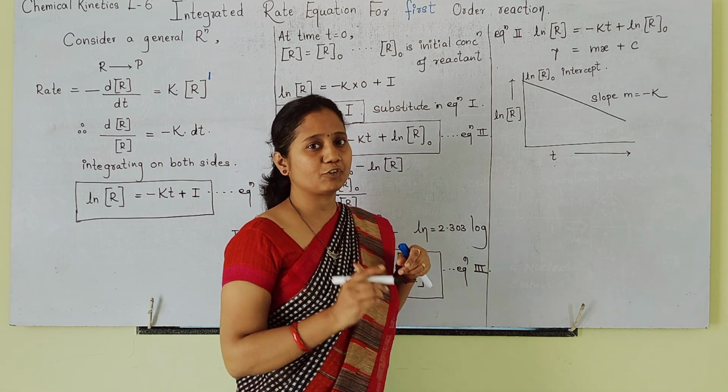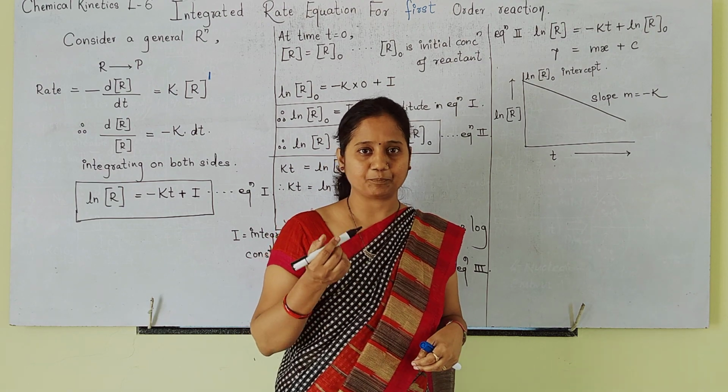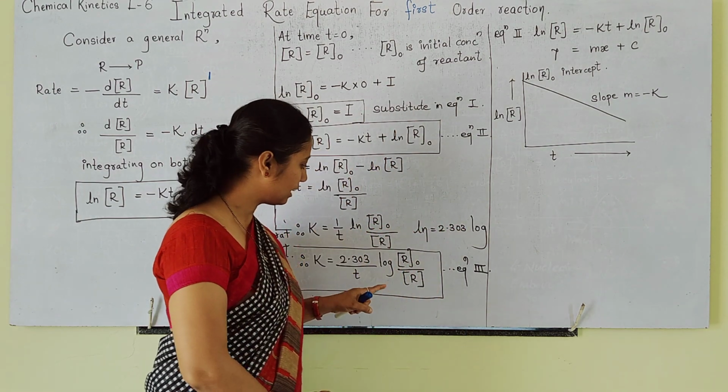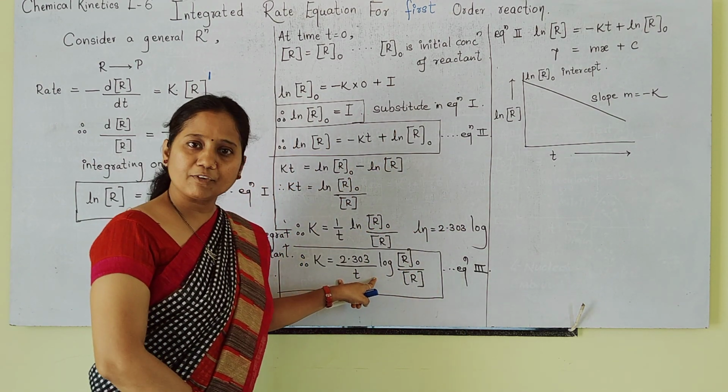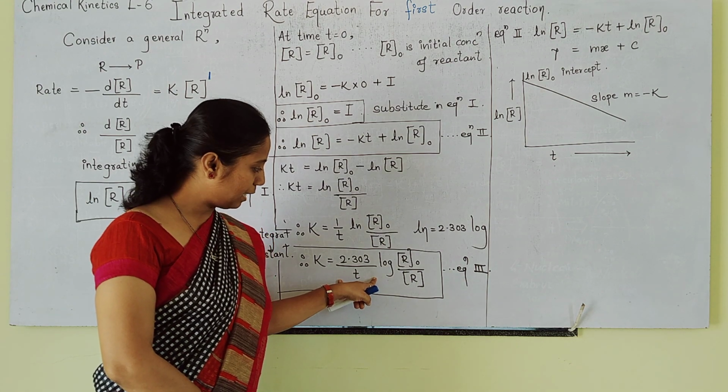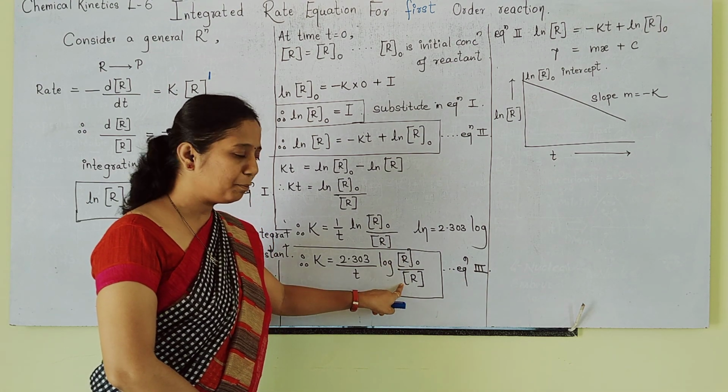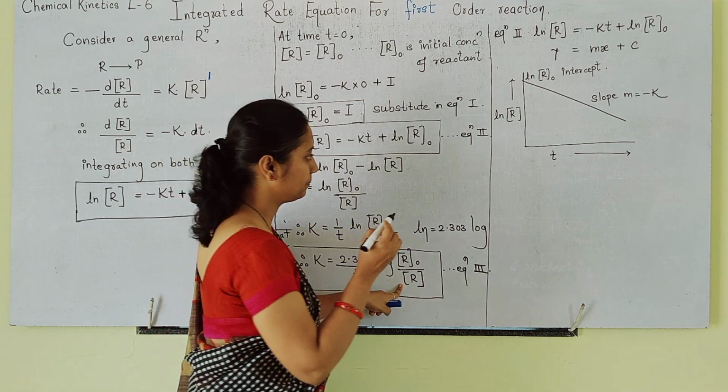For first order reaction, we can plot one more graph, students. Let us try one more graph. Looking at this equation number 3, tell me log r naught by r is equal to what?